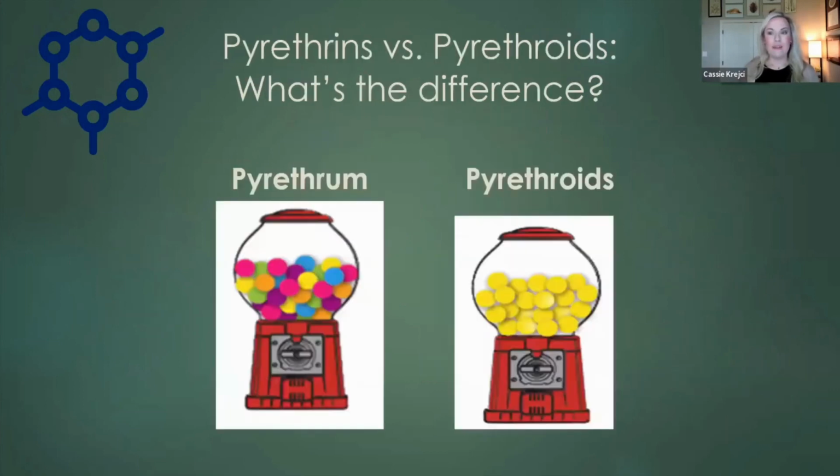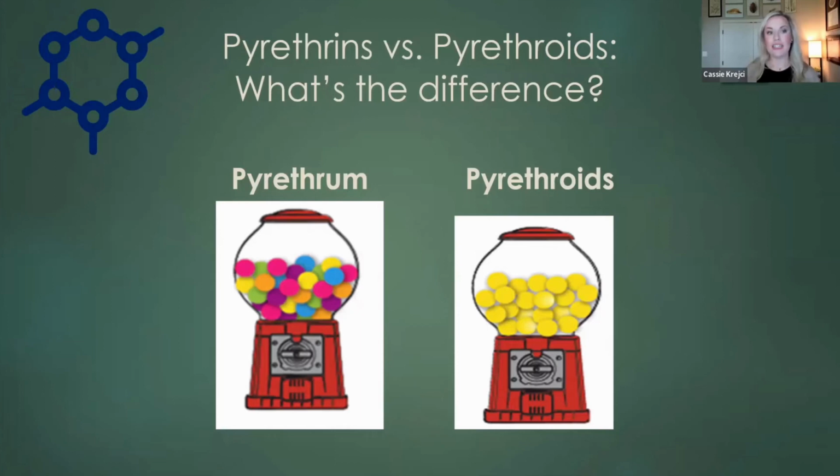So I like using this analogy whenever we talk about pyrethrum and pyrethroids. Every time pyrethrum is harvested from the flower, a different concentration of those esters is included in the extract. So that's a lot like a gumball machine containing a random number of different colors. Pyrethroids, however, contain the same compounds each time they're produced, like a gumball machine with only yellow gumballs.